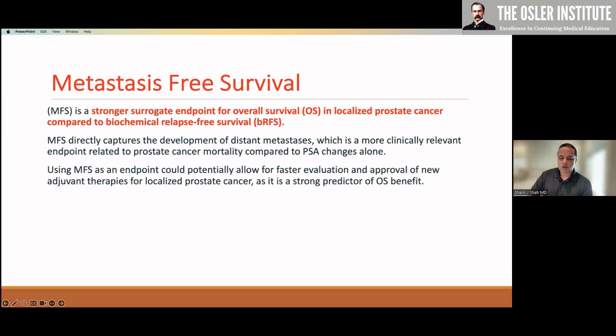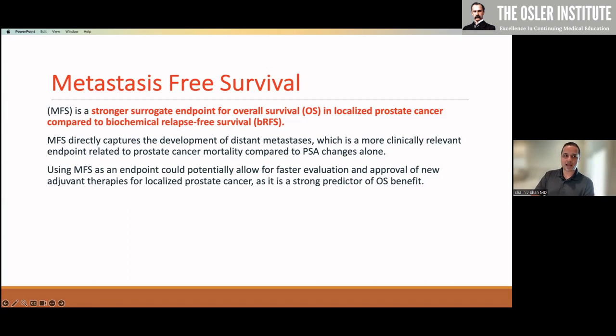Before we do that, I want to go over the endpoint usage. You'll see more modern trials using metastasis-free survival as endpoints versus the biochemical relapse-free survival that they used to use, because MFS is a stronger surrogate endpoint for overall survival in localized prostate cancer compared to biochemical relapse-free survival.